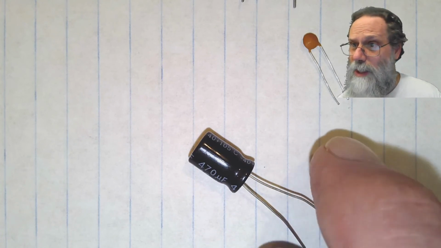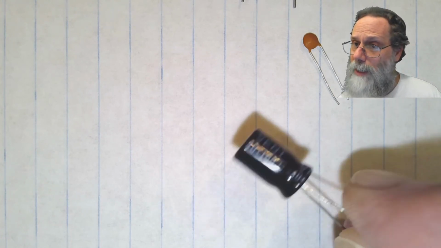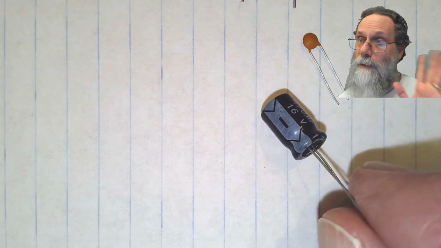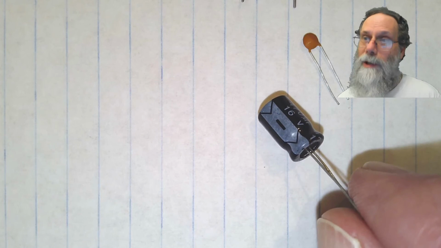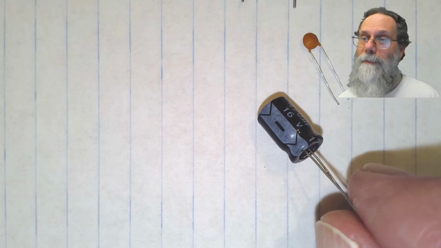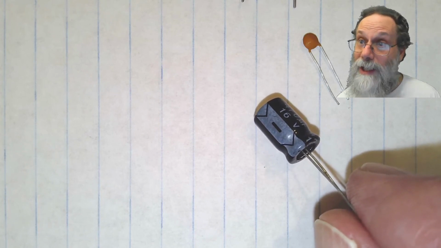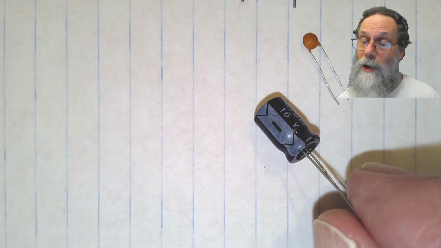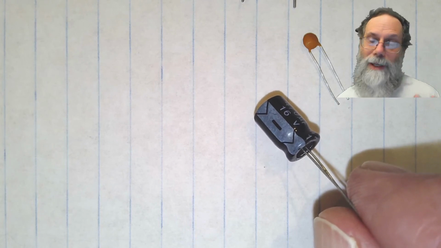Luckily they're not too dangerous, but if you are working with electrolytic capacitors, wear safety glasses. You do not want to get the end of one of these things embedded in your eye. Not only is mechanical damage dangerous, but the electrolyte itself is very caustic, and it'll do a number on your eye if you get any in it.